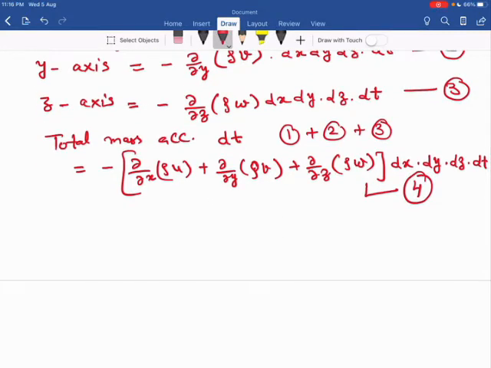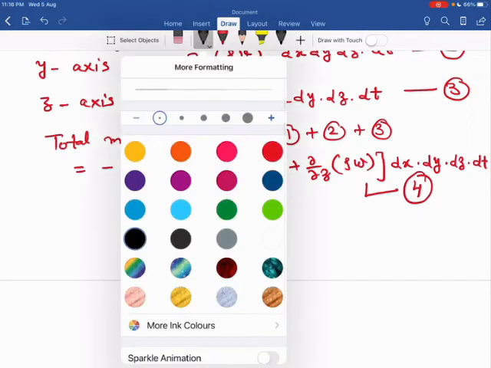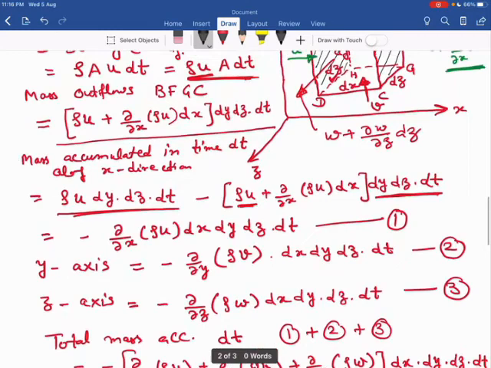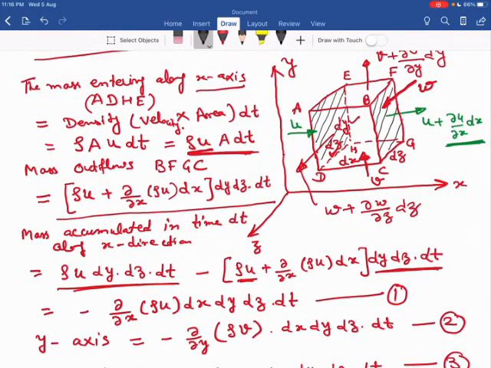Now let us say in this particular element the mass entering is m. After time dt the mass leaving is m plus curly m upon curly t into dt, which is the variation of m with respect to time.